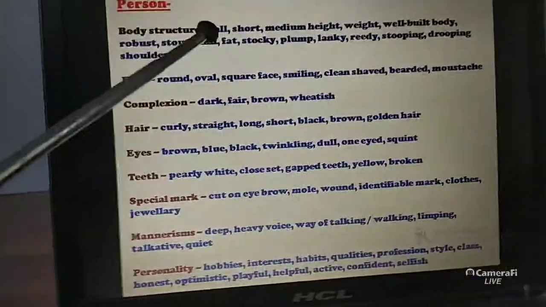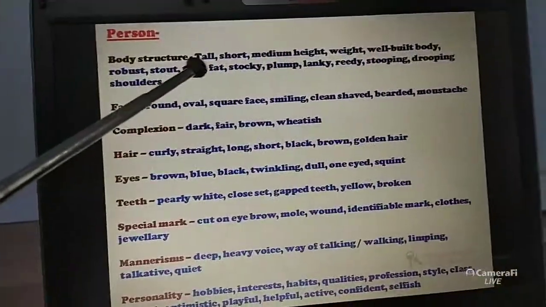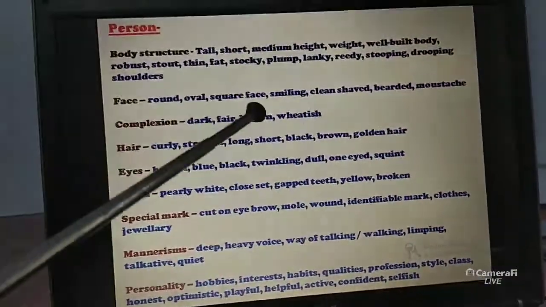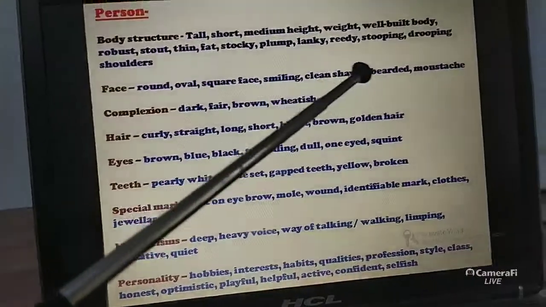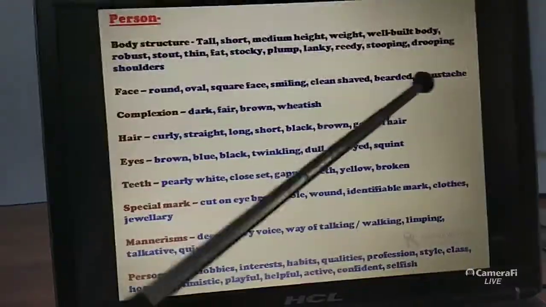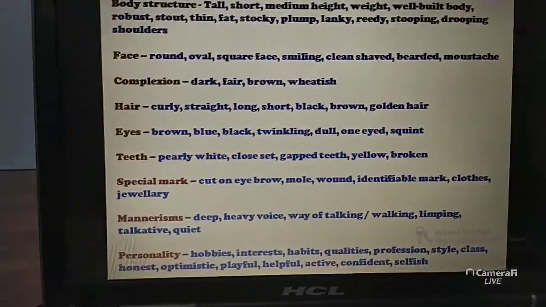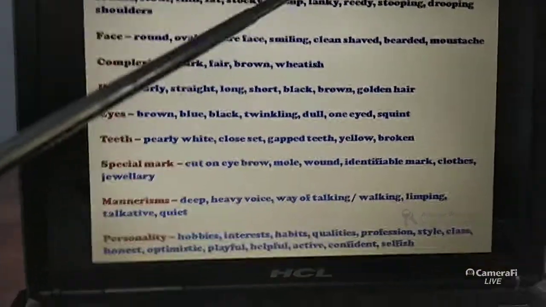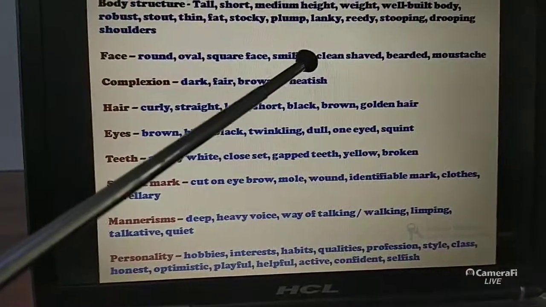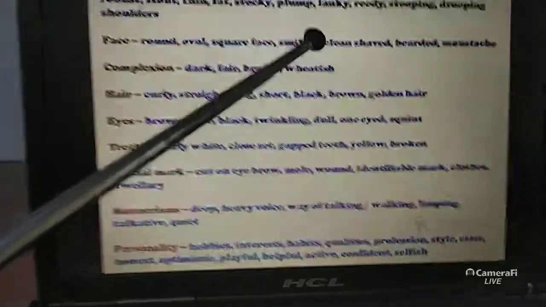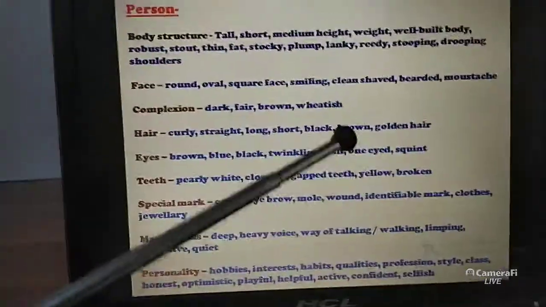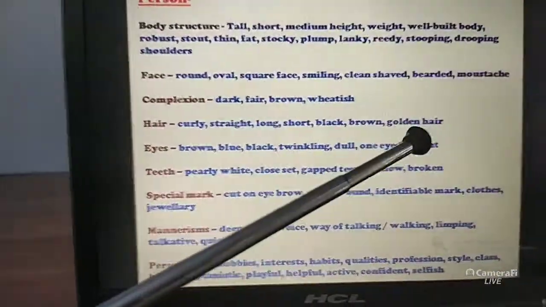We must describe how that person looks. How will you frame the idea? Face, how the face is: round, oval, square face, smiling, clean shaven, bearded, mustache. The description should be to that impact, remember always, so that I can draw a picture in my mind, like you draw a picture on the canvas.